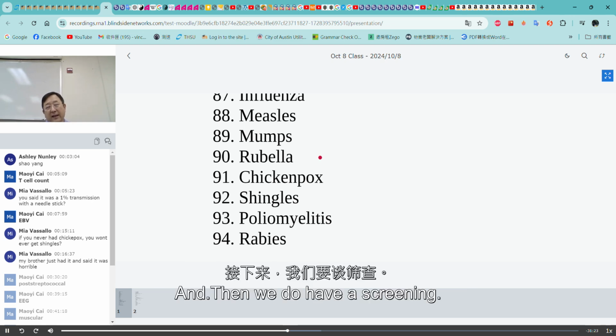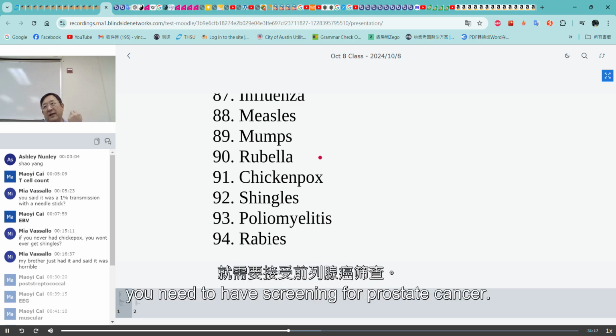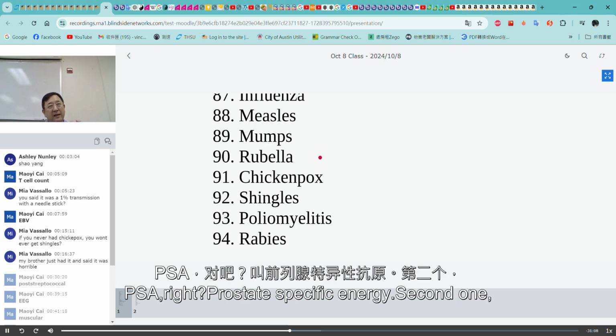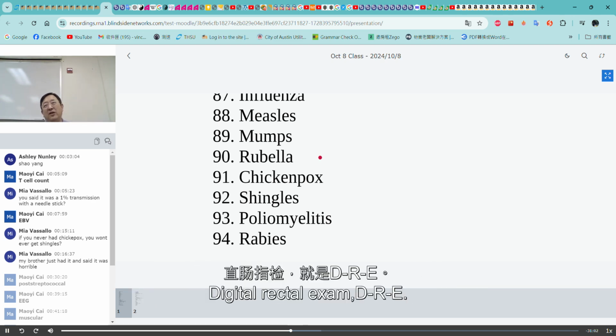And then we do have a screening. That's on the board exam. Men starting at age 50 need to have screening for prostate cancer. Two things. One is a blood test, PSA, prostate specific antigen. The second one is a physical exam, the digital rectal exam, DRE.